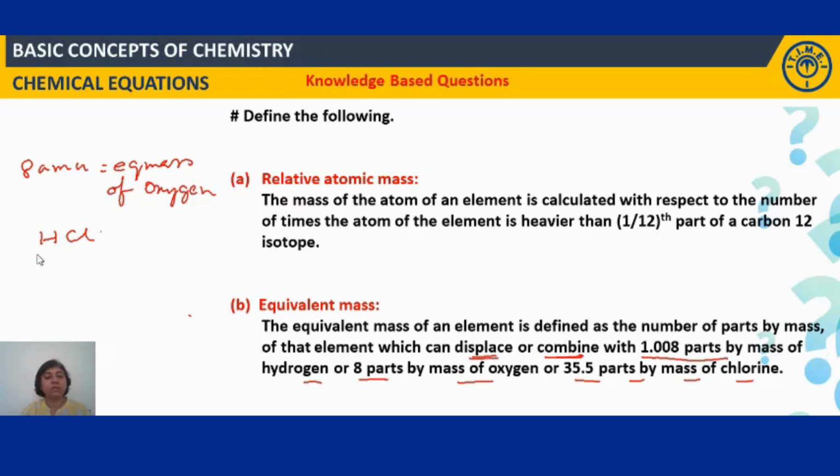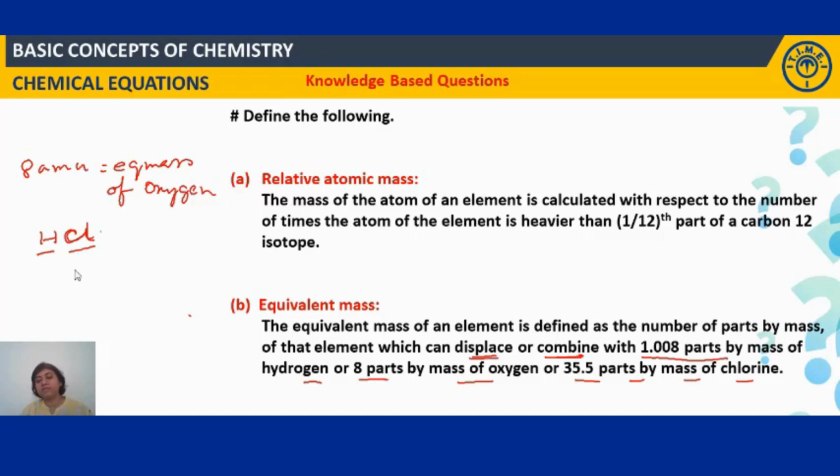hydrochloric acid or hydrogen chloride gas, HCl. So here you can see that one atom of hydrogen is combining with one atom of chlorine. The atomic mass of hydrogen is 1, and its equivalent mass is also 1 because the valency of hydrogen is 1. Equivalent mass is equal to atomic mass by valency.